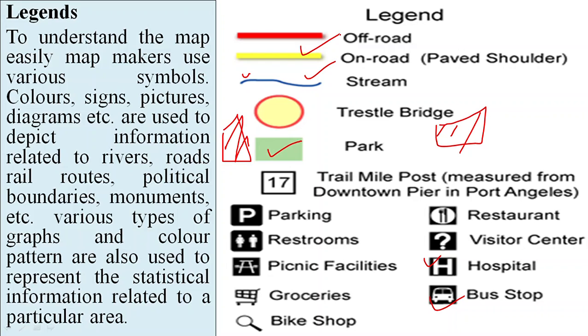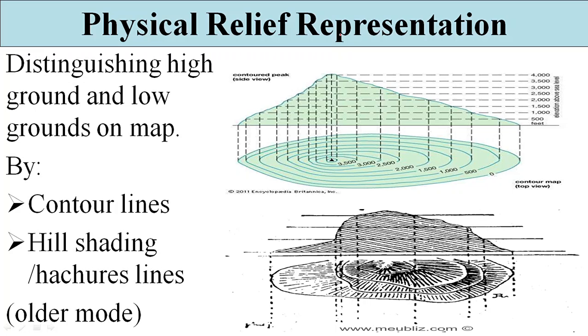For a national highway, a state highway, a local road, you can use various symbols, lines, and patterns to show different areas, their vegetation, their forest cover, their geographical terrain. So that is how you can represent your map through legends. Map legends are basically the color patterns, symbols, and lines used to show information on a map. Moving next, we have contour and hachure lines.